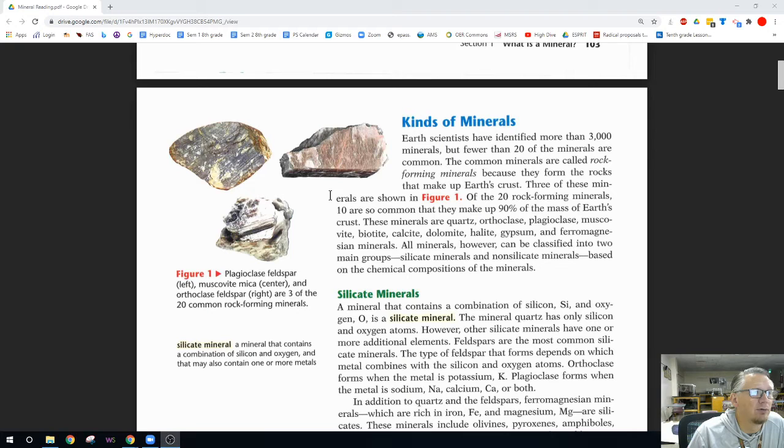Of the 20 rock-forming minerals, 10 are so common they make up 90% of the mass of the Earth's crust. These minerals are quartz, orthoclase and plagioclase, muscovite, biotite, calcite, dolomite, halite, gypsum, and ferromagnesian minerals.